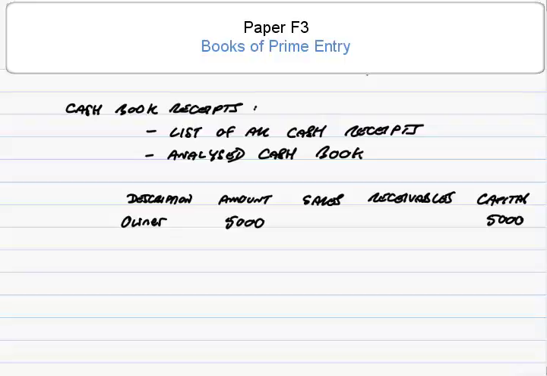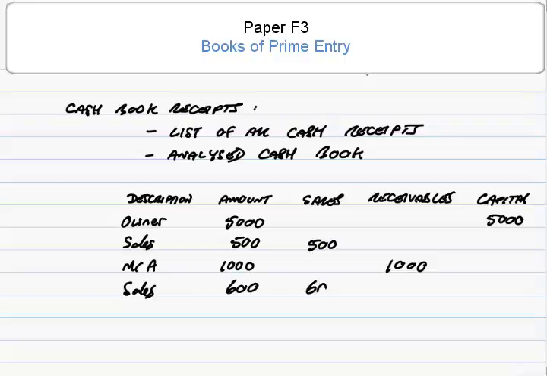We might then receive 500 for cash sales. Sales, the cash received 500, list it, but so we don't forget, we'd put 500 in a sales column. And so on. A customer, perhaps Mr. A, owes us 1,000. Pays us 1,000. It's from a receivable. So receivables column. Perhaps we make more cash sales of 600.